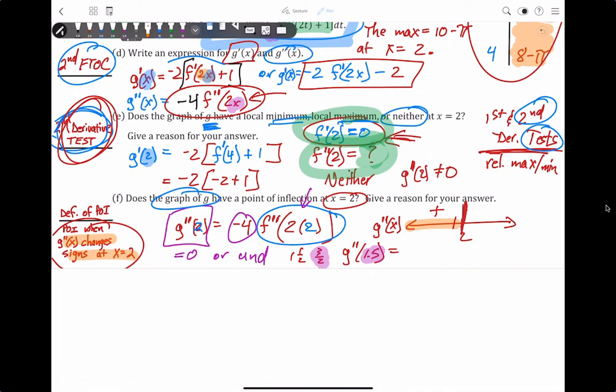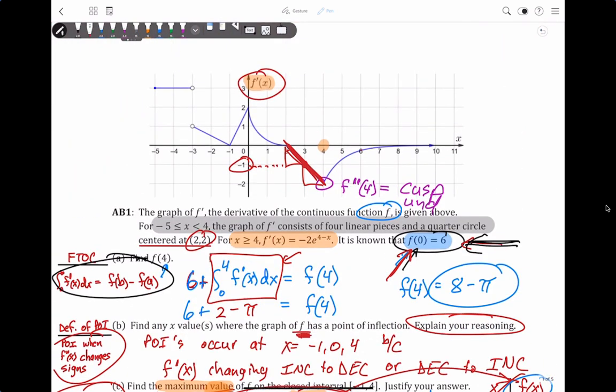Now let's try our last interval. Let's say we chose 3, and we plugged it into this function, G double prime. Then we'd have F double prime of 6. Well, what's the derivative of this function at 6? Well, the derivative is some kind of positive. It looks like maybe up 1 over 2, but nonetheless, it's positive because F prime was increasing.